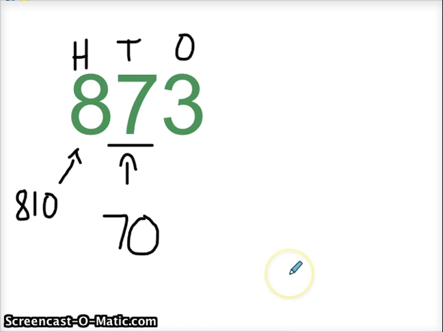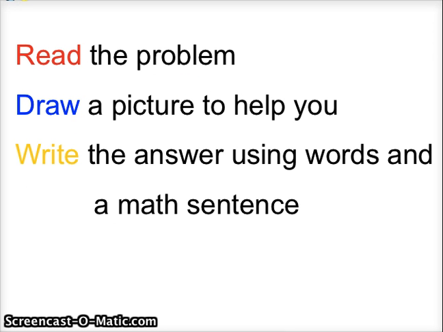This one we've been working on a lot, but I just wanted to clarify that. And finally, the last slide is about word problems. On the test, you're going to have a couple of word problems. Remember, you need to read, draw, and then write. Read the problem, circle the important information.